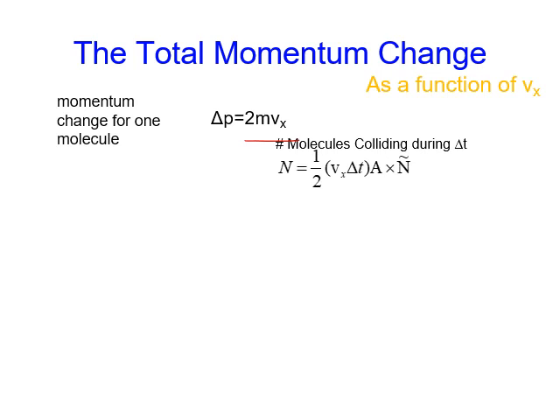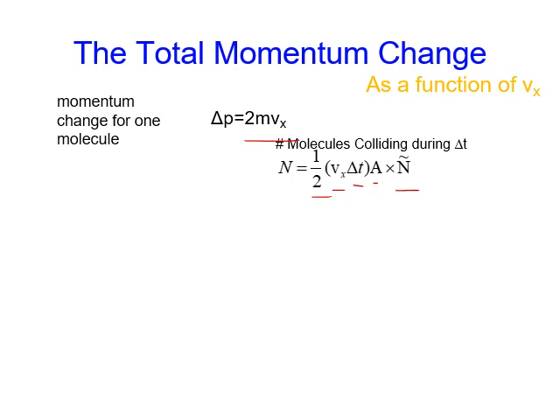In the previous slides, we first showed that for one molecule, when it collides with the wall, the momentum change is 2mvx along the x direction. We also showed that in the time interval delta t, the total number of molecules that can collide with the wall is half vx, the velocity along the x direction, times the time interval times area times the number density.